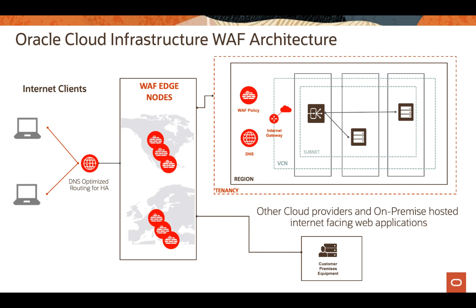You do that once, because once you push that configuration, it takes a few minutes to deploy everything to the edge nodes and make sure that DNS understands how to redirect the traffic from all the clients trying to connect to your web application through the WAF, and then pass that over to the web application. So just keep that in mind. This is how it works. When you're creating rules, it takes a few minutes to publish everything through the WAF edge nodes.